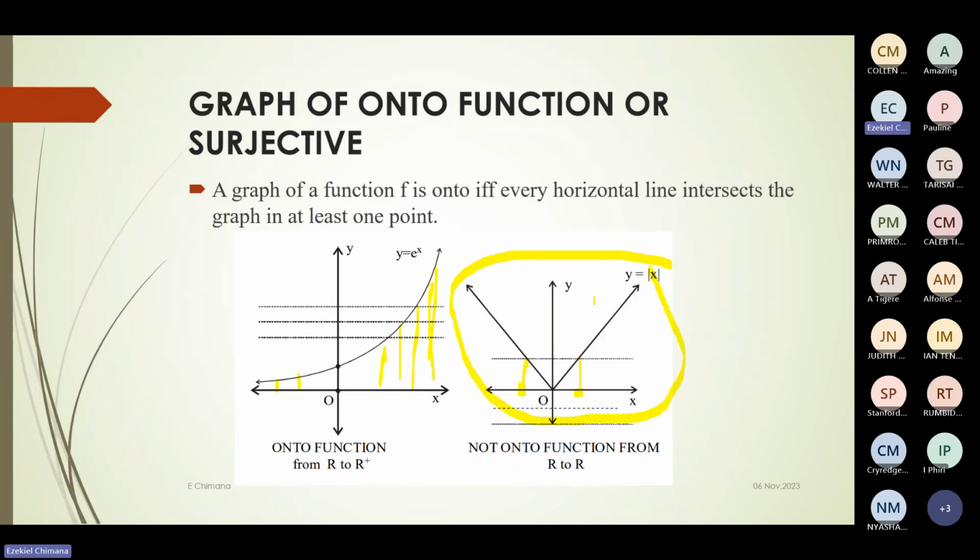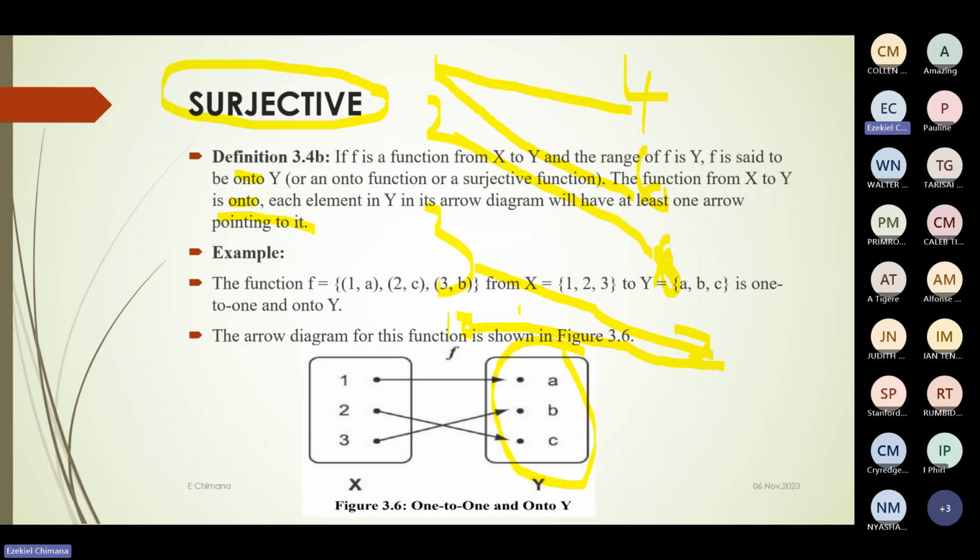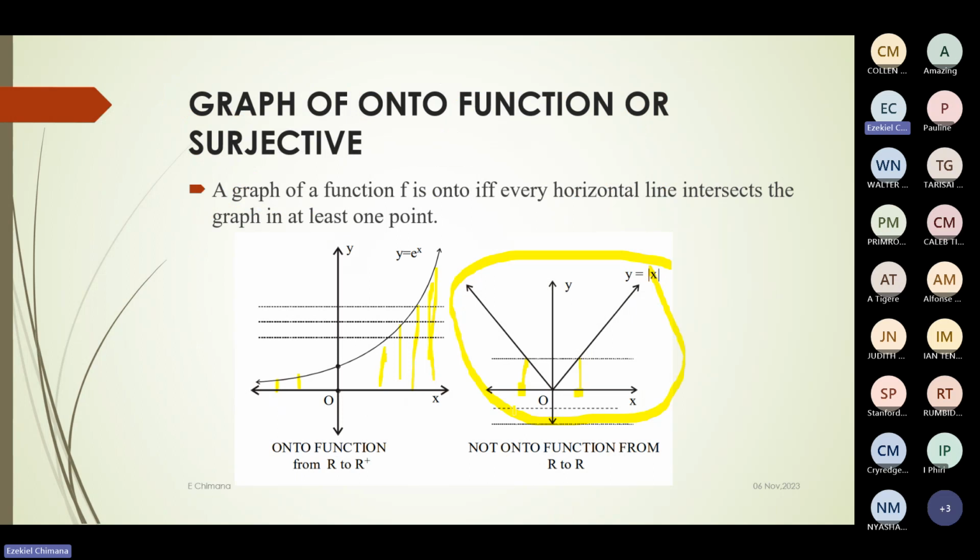Let's certify why this graph is not onto from this definition. We are saying here you can have at least one arrow pointing to this one, which means it's acceptable to have different values pointing to the same value.